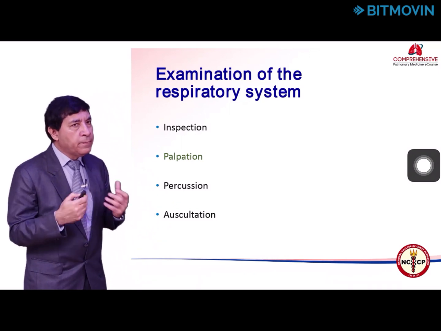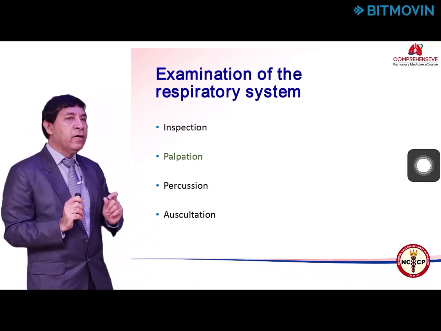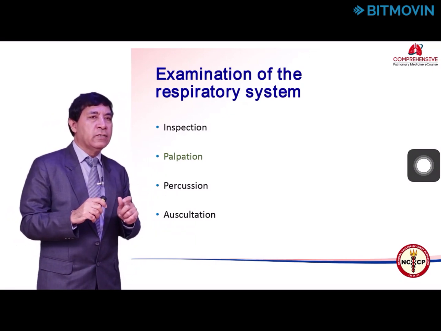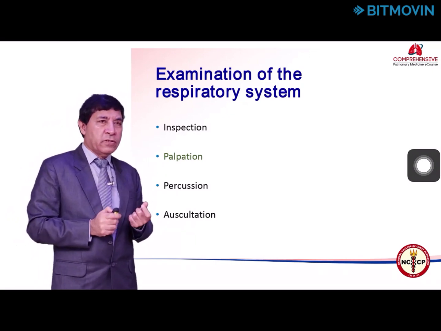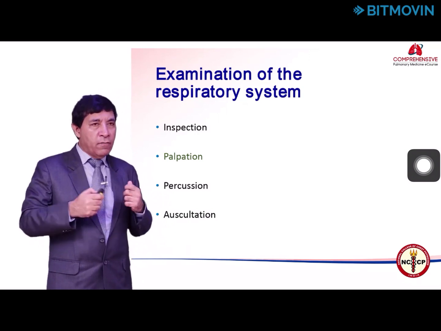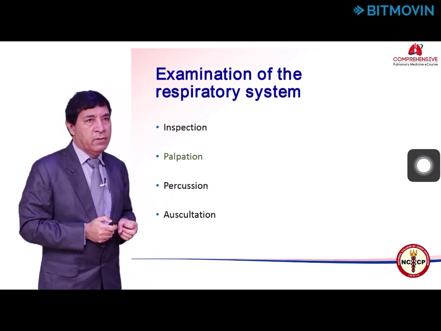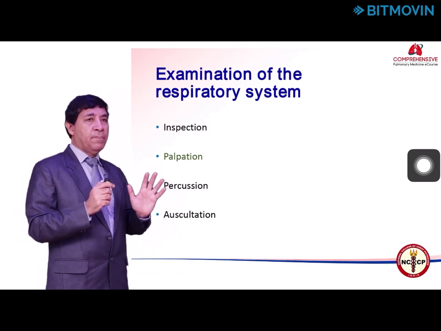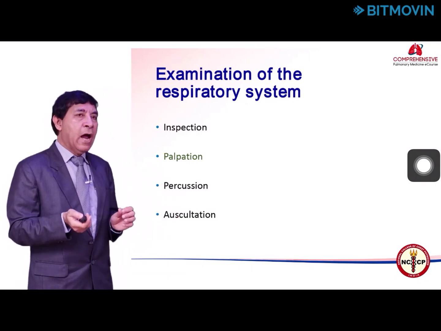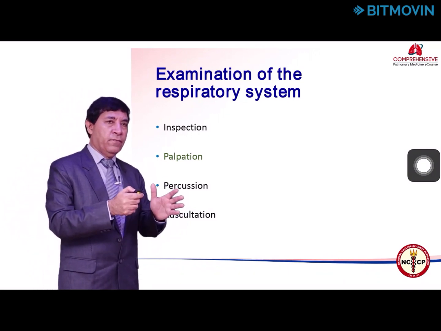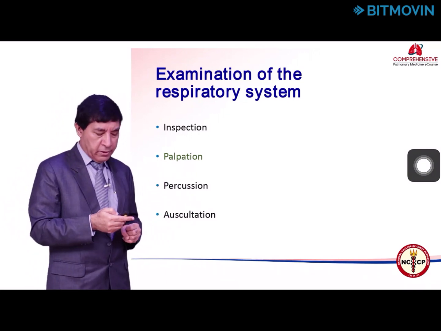So palpation helps you in identifying these patients, because you are measuring movement on both sides, and a difference in the movement on both sides of even half a centimeter in 1 centimeter can give you an idea that this patient may be having this problem. So inspection and palpation are complementary, and they should be done together if there are some doubts during inspection.